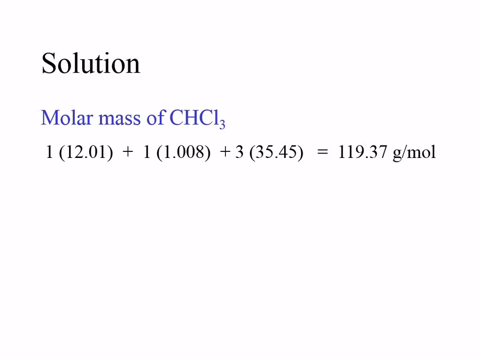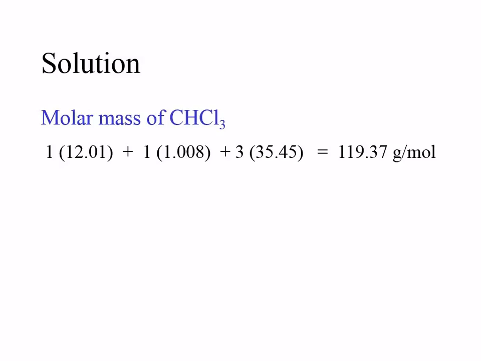Rounded to 2 decimals, we got a molar mass to use in this problem of 119.37 grams per mole. Sometimes students say, well, Mrs. Snipes, do I really need those 1s, like the 1 for carbon and the 1 for hydrogen? I think it's a good habit, because then you know how many there are, and it just makes sense. So what's our first term going to be?